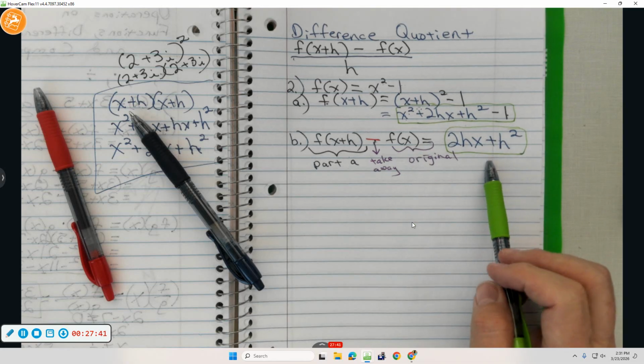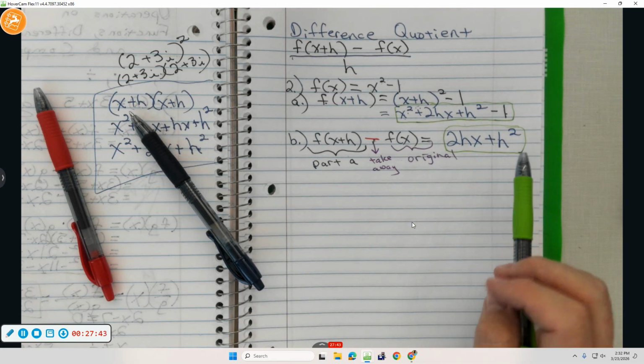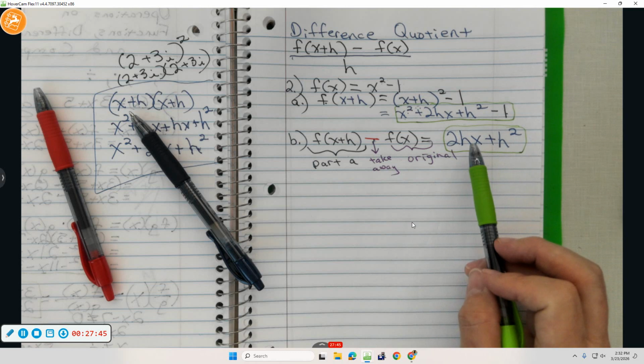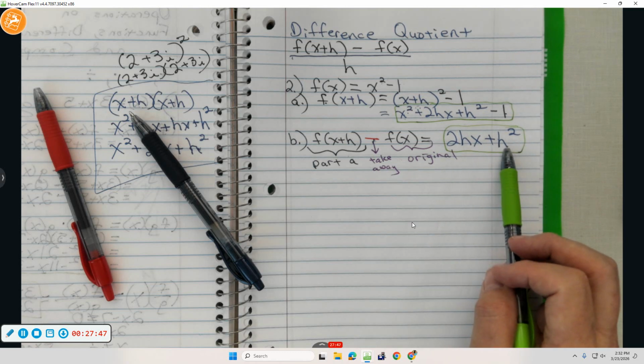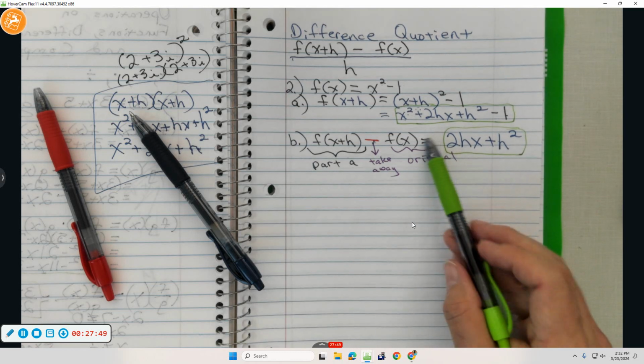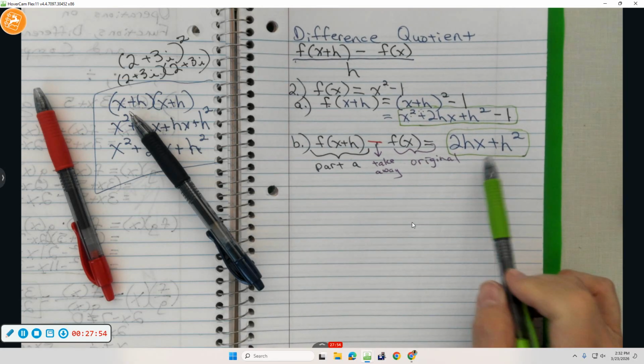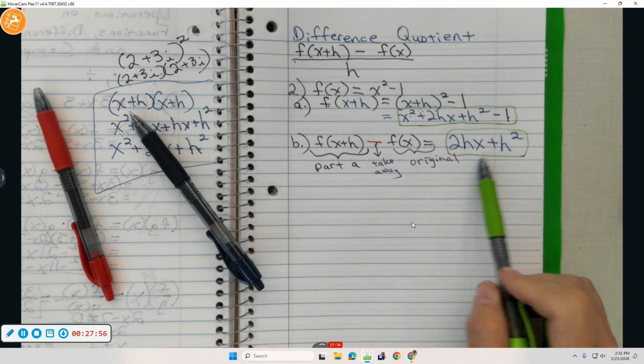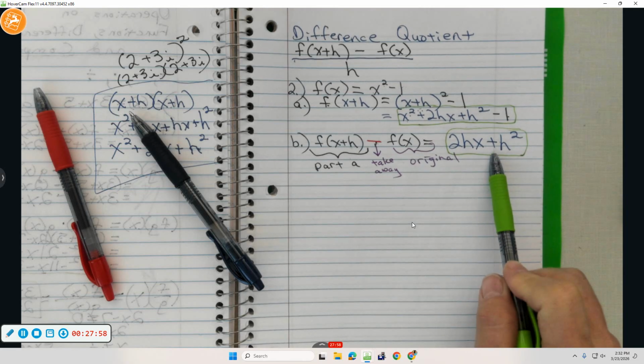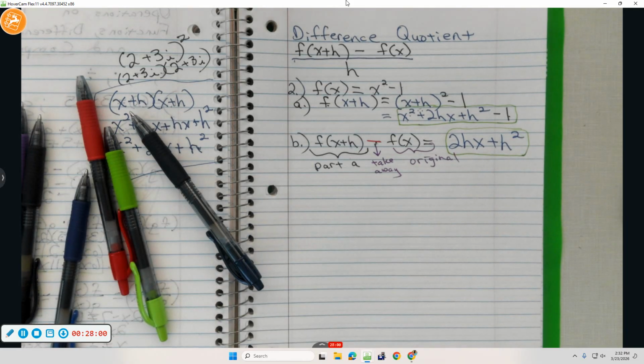Here's something you may want to remember. In part B, the only terms remaining must contain the letter h. If you have terms that are left over that don't have an h after you do step B, you're doing something wrong. Every term will contain an h. So we come over here.